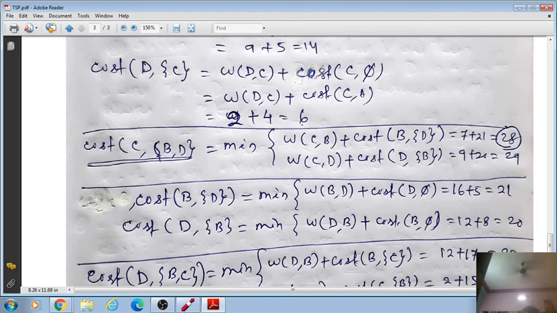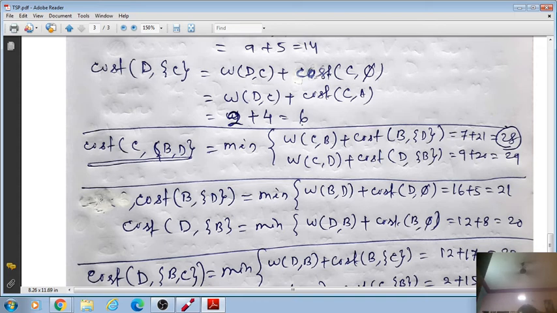From this only you are getting 21, because whenever finding the cost of BD, it is recursively called. Again you are finding cost of D to A. Similarly, cost of D to B, I am checking the minimum weight of B to D plus cost of B. So it is 21. This 21 value I am putting here, the CBD value, and weight from CBD is 7, and this value is 21. This is 28. And C to D is 9, from here 20.